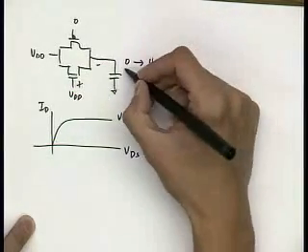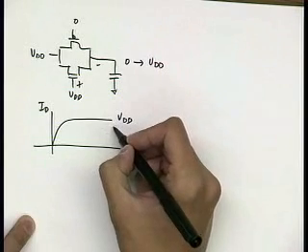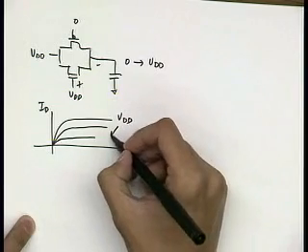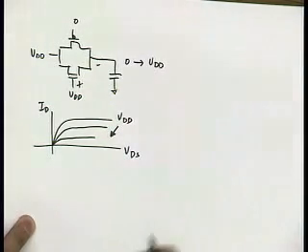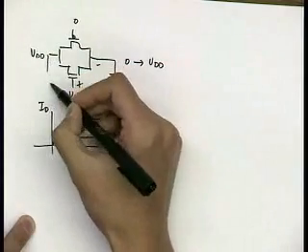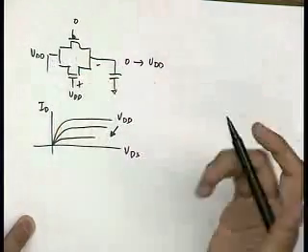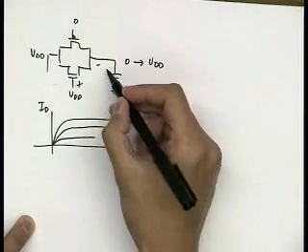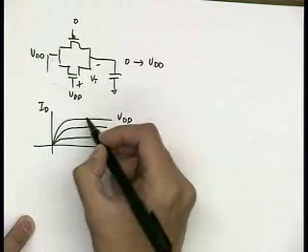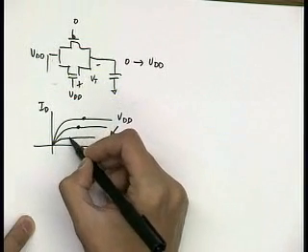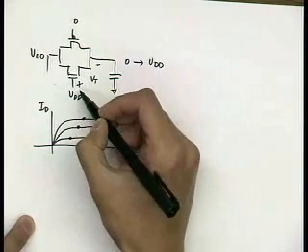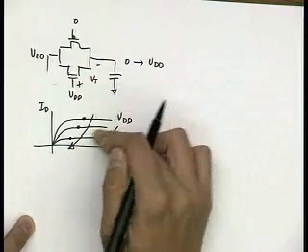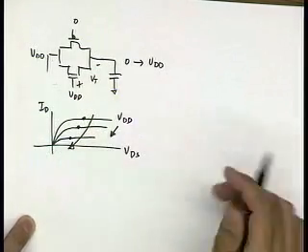As the input goes from 0 to VDD, the gate drive of the NMOS goes down, while VDS is approximately 0, so you're at the edge of saturation, or always in saturation, until VGS reaches VT. So it goes from saturation and then turns off.